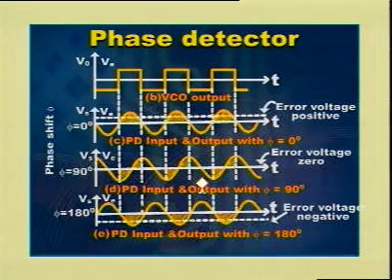And as shown in figure E, if the phase difference between VCO output and input signal is equal to 180 degrees, then the phase detector passes only negative half cycles and the error voltage is negative. Therefore, this type of detector is called a half wave detector, since the phase information for only one half of the input waveform is detected and averaged.